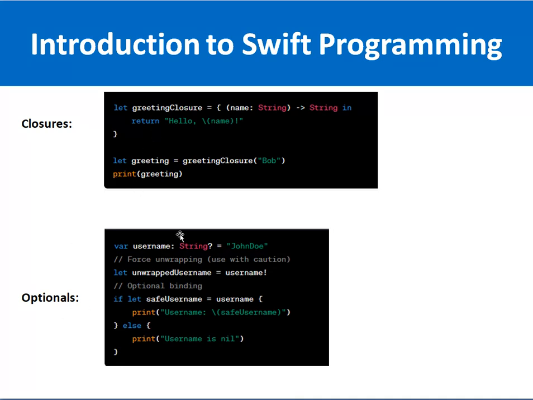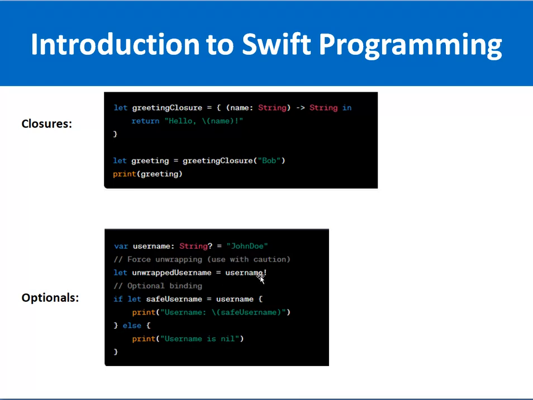Then optional means a variable which can have a value or cannot have a value. Either it has a value or it does not. For example, String question mark means that it is optional. John Doe.